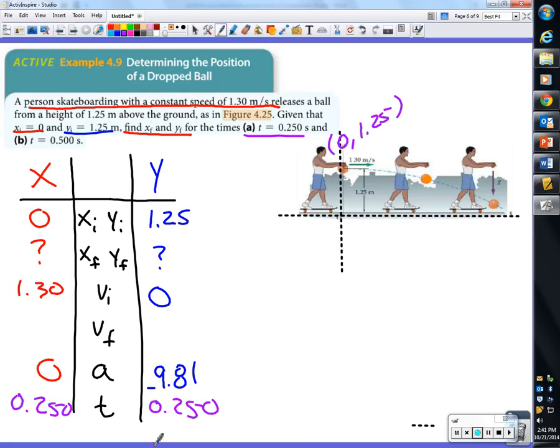Always. It's the only row on the table where the numbers have to be the same horizontal and vertical. We'll encounter some problems a little bit later on where we might see one row where the number is the same horizontal and vertical, but time always has to be the same.